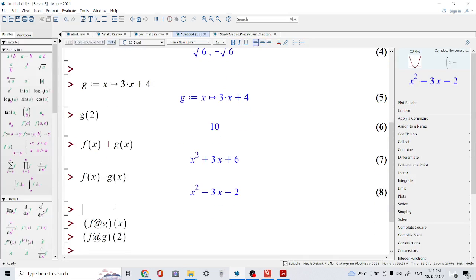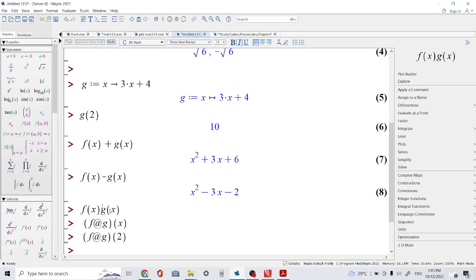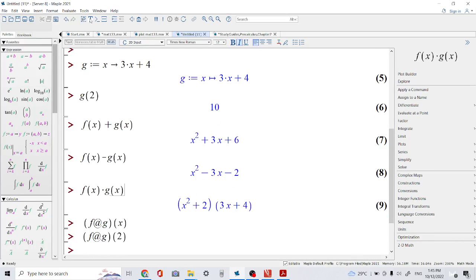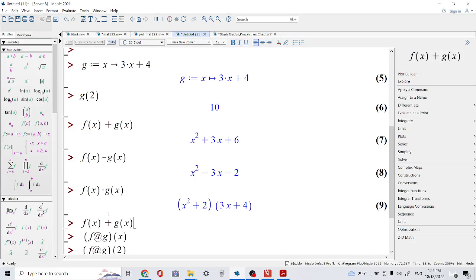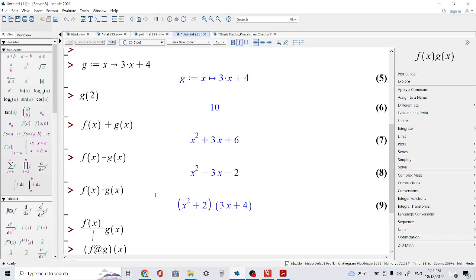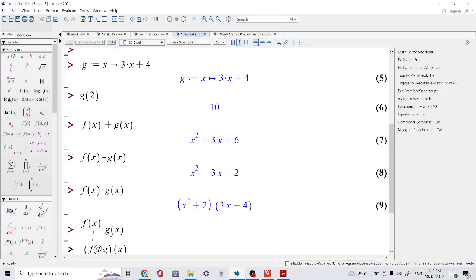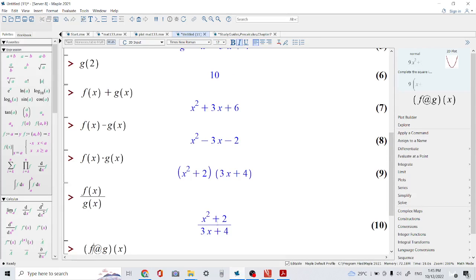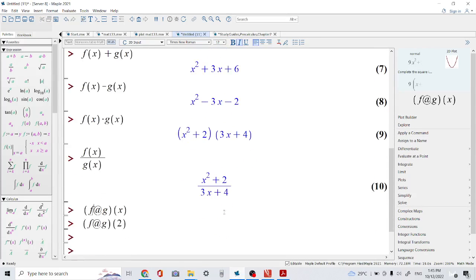If you want to multiply, also can. Multiply the functions, you will get the answer. Divide also. If you want to divide, erase this one, so divide the function. I put it here, so we have a divide function.